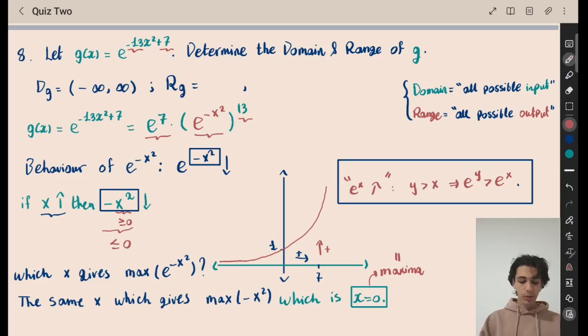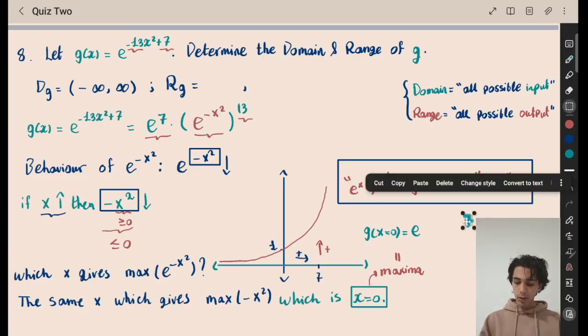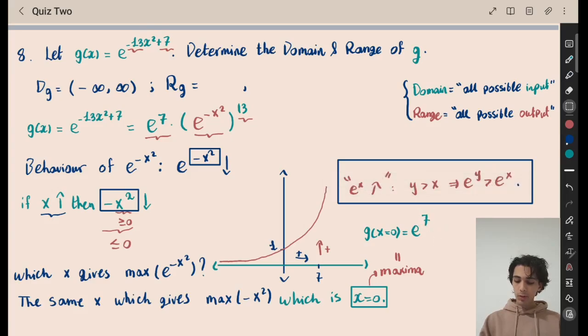The maxima is going to be equal to g of 0, which is e to the minus 13 times 0 plus 7. Well, minus 13 times 0, that's 0, and then e to the 7.